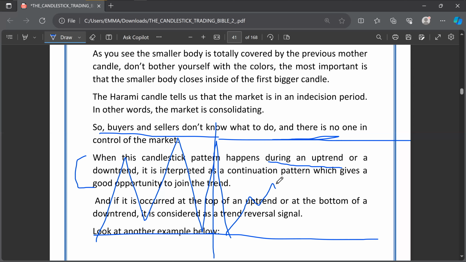So "during" means that if you see that a Harami has formed here, then we see that, okay, the trend is going to continue to this level. So you can join, if only you have your factors of confidence in good points, as in you are very confident about your confidence.